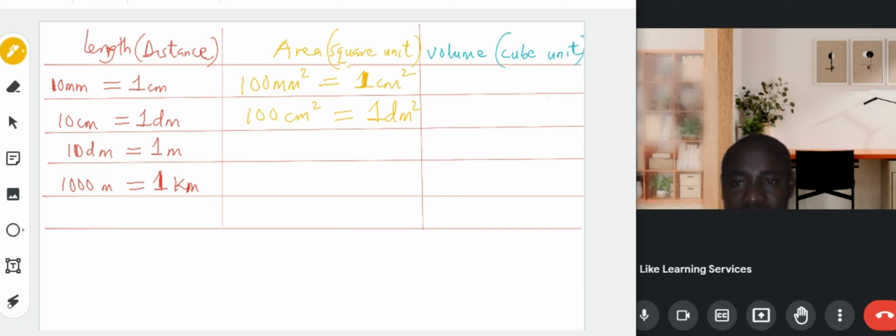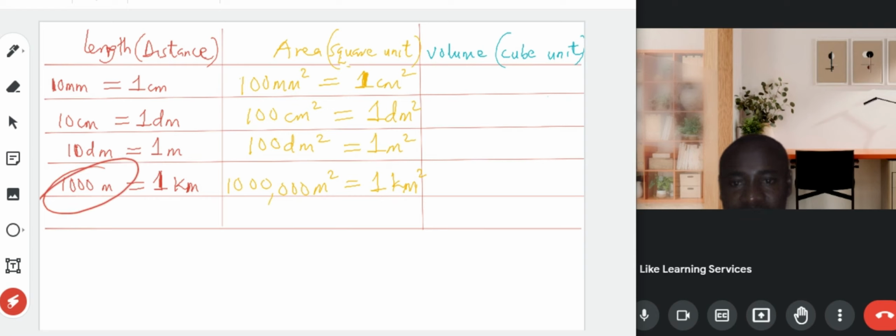That will give us 100 decimeter squared is equal to 1 meter squared. If you square this, you're going to have a million. So 1 million meter squared will give us 1 kilometer squared.